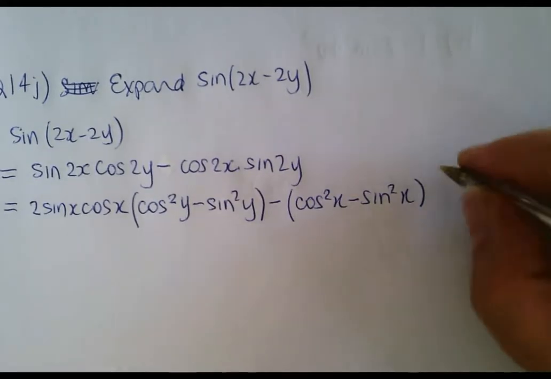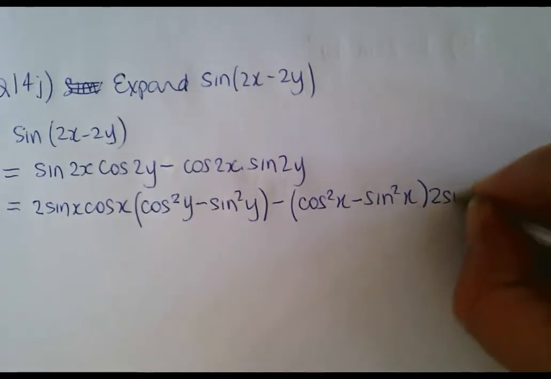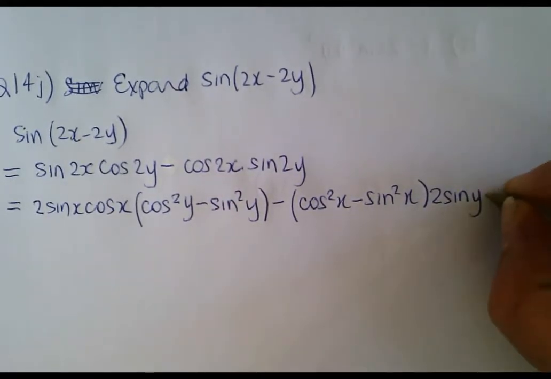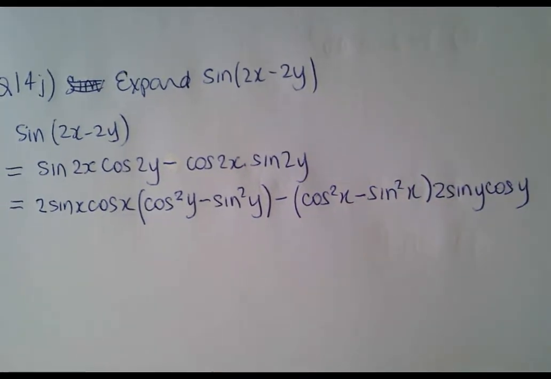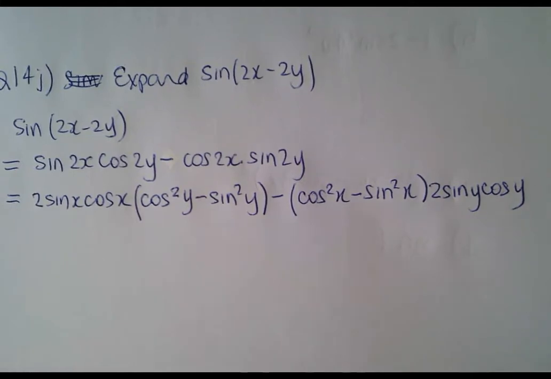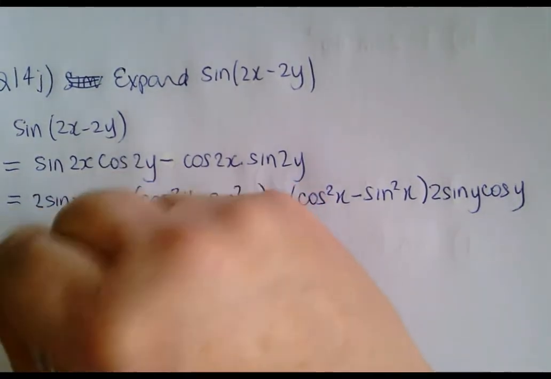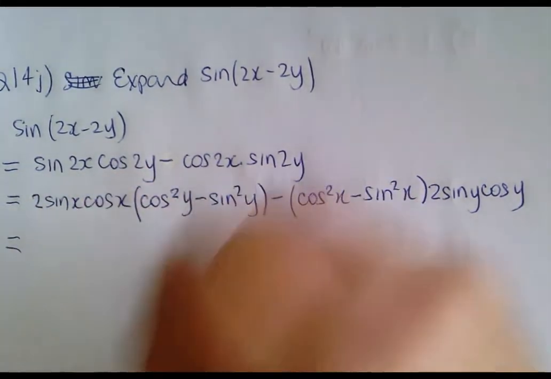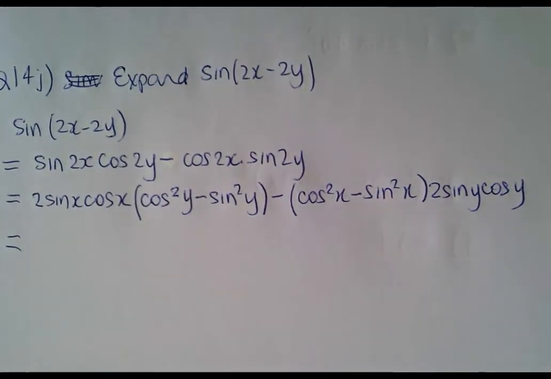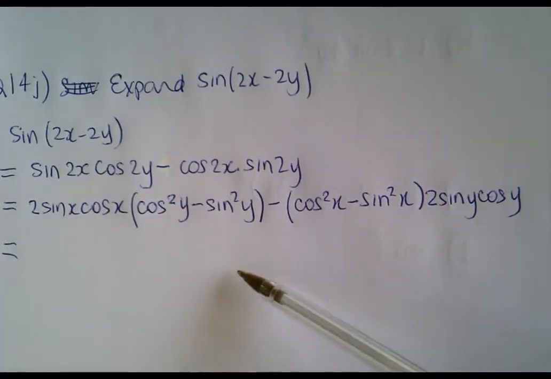And the sine 2y will use the 2 sine y cos y result. Yes? And now we'll just expand. It's not looking very nice, is it? At the moment, it doesn't matter which of the 3 double angle results for cos that you use, because we're not trying to do a formal proof.